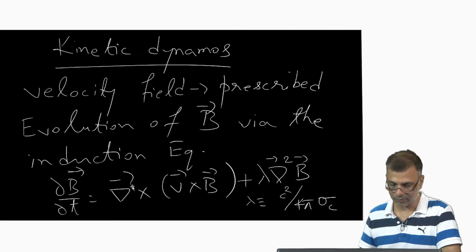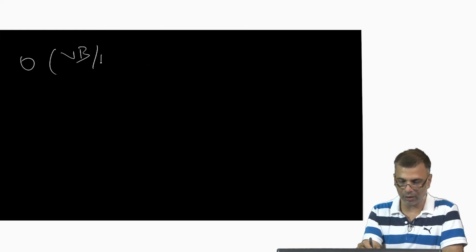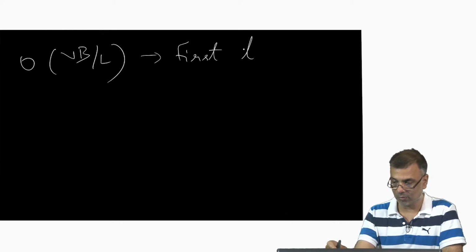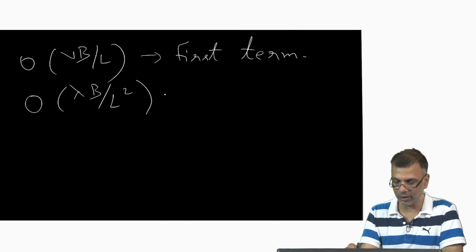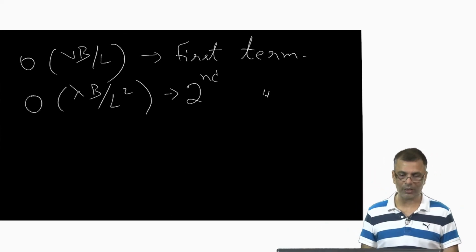The first term in this equation is of the order of VB over L, and the second term is of order lambda B over L squared. And as we know, the ratio of these two terms is the Reynolds number.